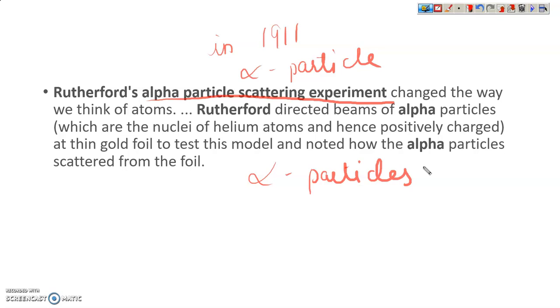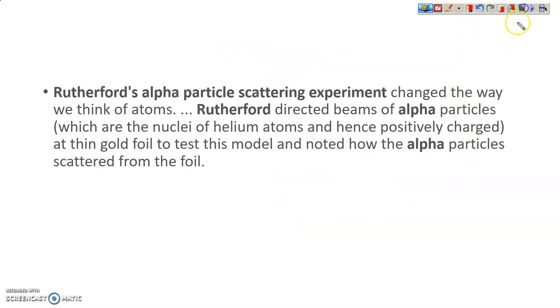In his model, he put alpha particles in a gold foil. I will show you how. First, here there are so many particles, and in between there is a neutron.